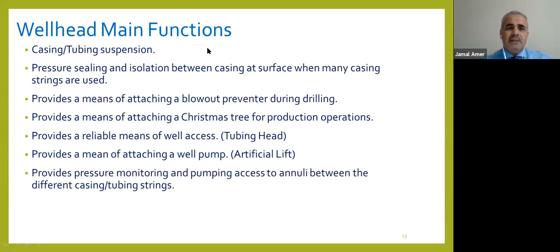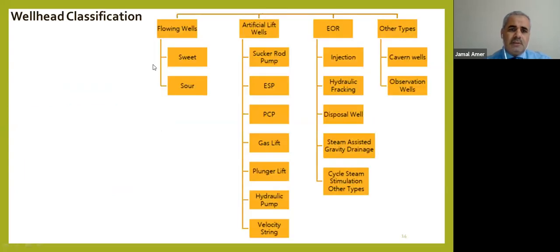What is the function of the wellhead? We'll talk about it in detail in our course. Here also are different kinds and classifications of wellhead. We have producing well, sweet or sour. We have all kinds of artificial lift wells here, enhanced oil recovery, other types of wells. So this table or diagram shows different types of wells.